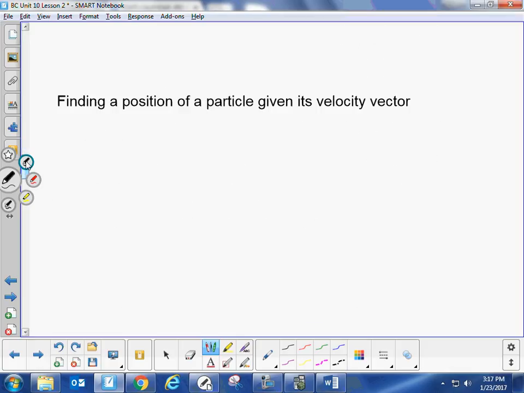Now, we might be given a velocity vector and be asked to find a specific position of a particle. Okay, so this starts if I'm given dx/dt equals something, and I'm given dy/dt is equal to something. So let's say dx/dt is 2t, dy/dt is 3t squared minus 2.